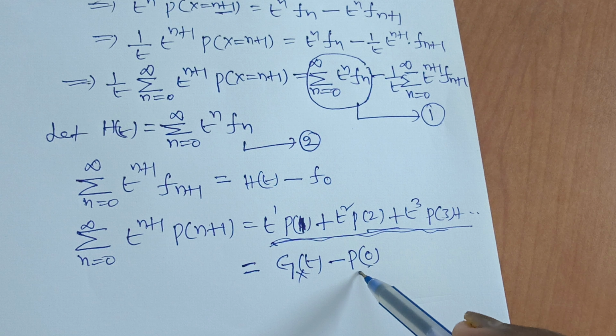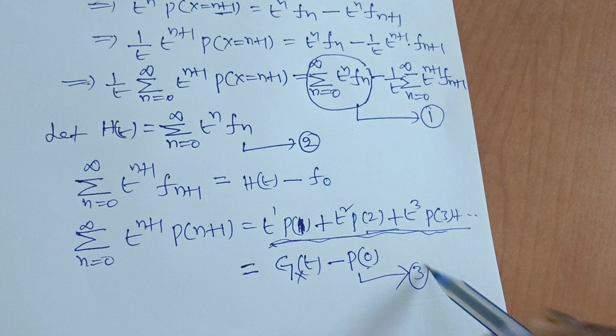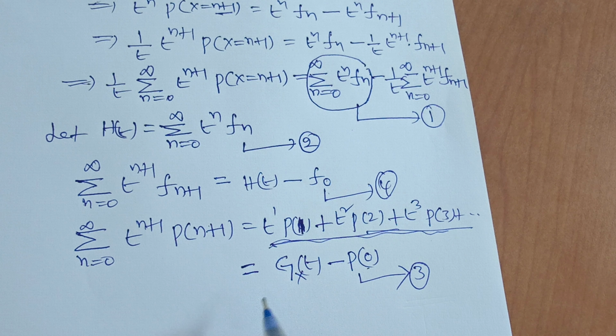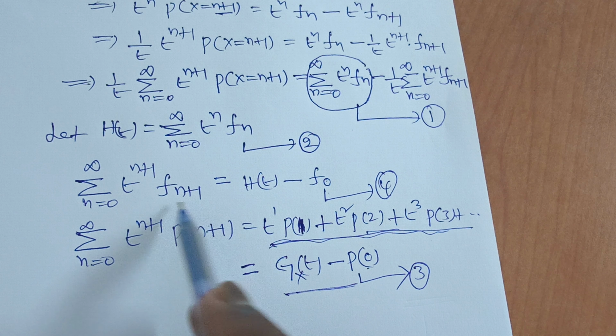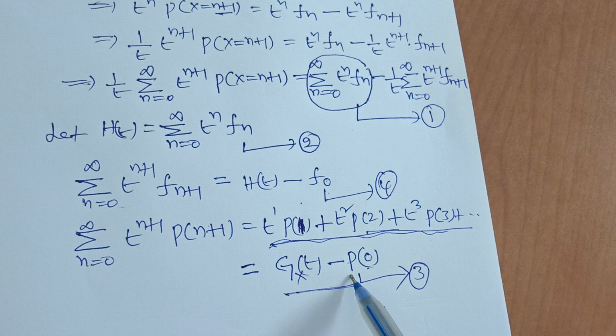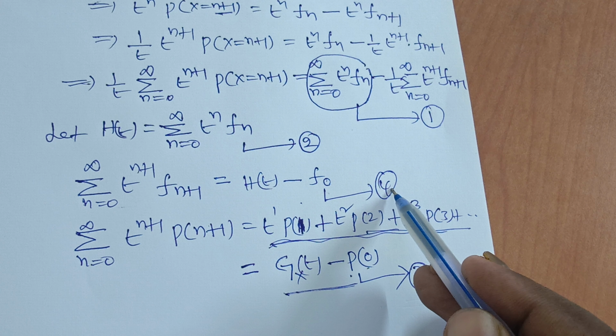Okay. Like this is considered as equation 3 and this is considered as equation 4, because from this notation we write the notation for this value here. That's why consider this as equation 3 and this as equation number 4.